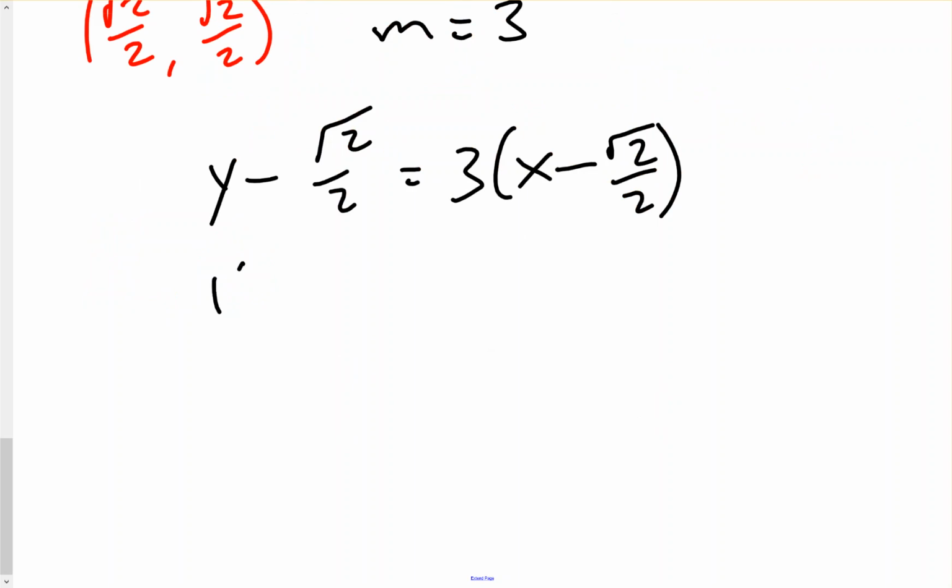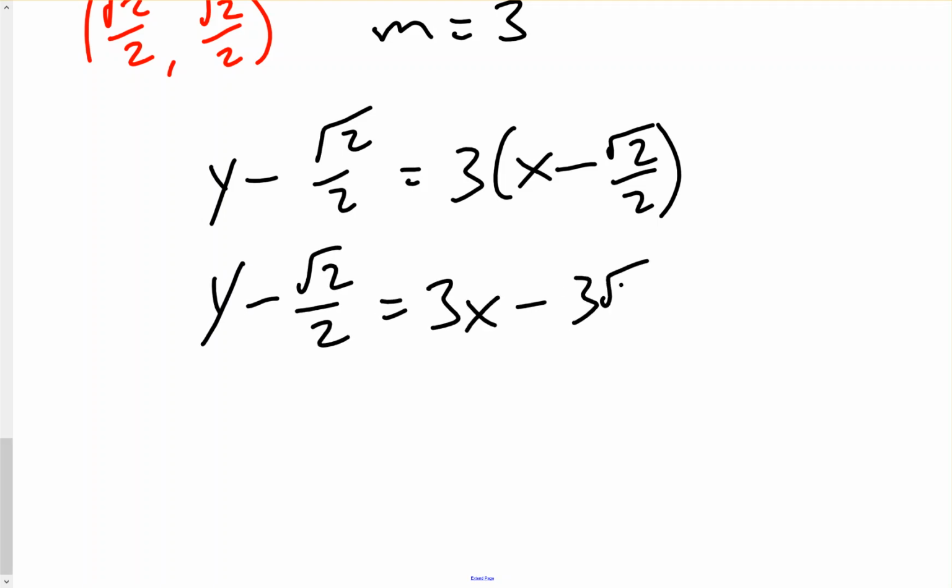Okay, so we have y minus square root 2 over 2 equals 3x minus 3 square root 2 over 2. We just distribute. And then we could add square root 2 over 2 to both sides.